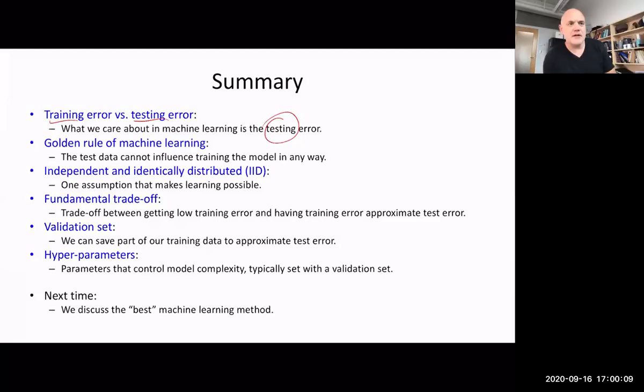Could you give an example on how test data can influence training the model? It cannot, unless you're cheating. But I mean, hello. If I gave you the final examination for the course and all of its answers, the way you would prepare for that examination would be to memorize those questions and answers, and that's it.